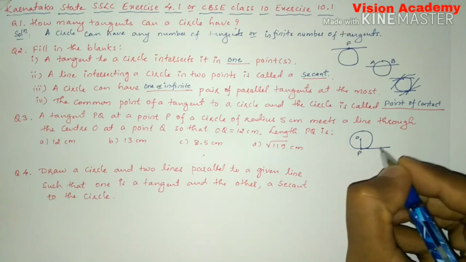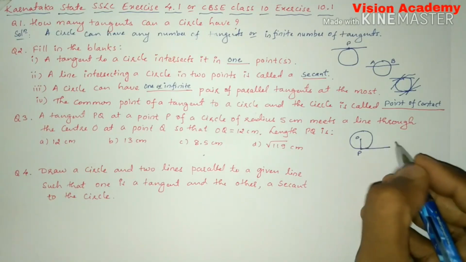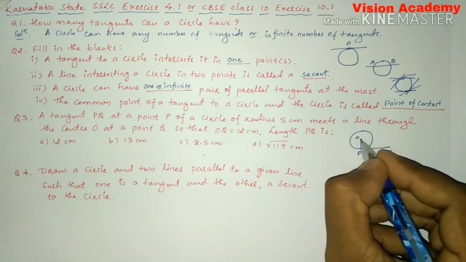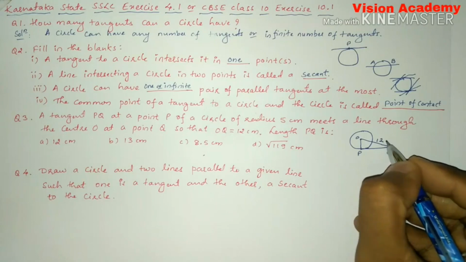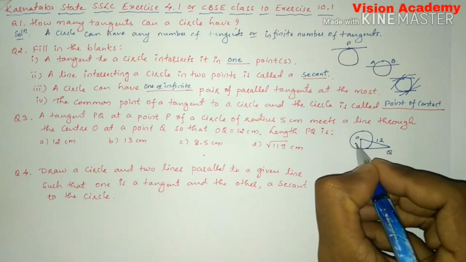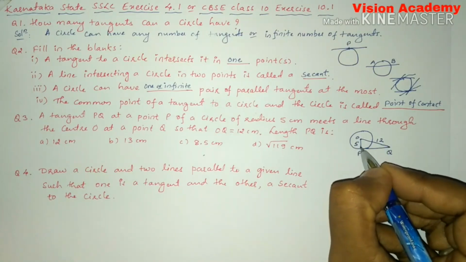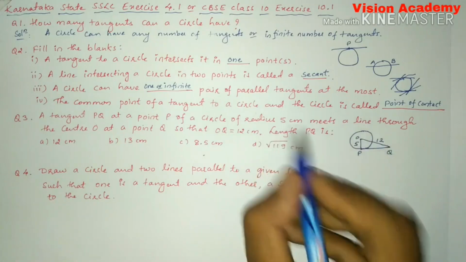Let us write this one as P and join OQ. So OQ is 12 centimeter and OP, that is radius, is 5 centimeter, which is given in the question.